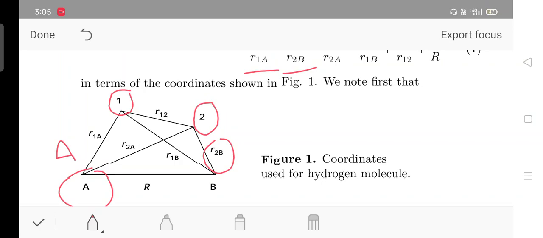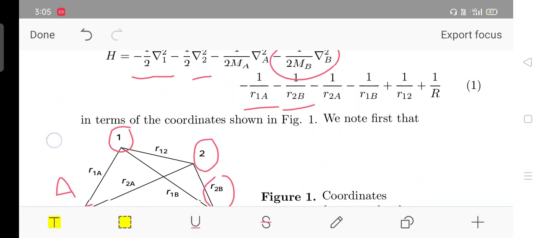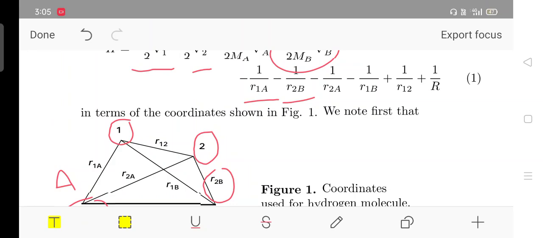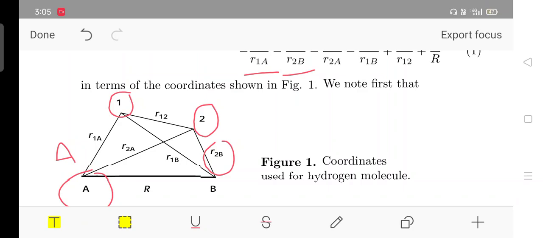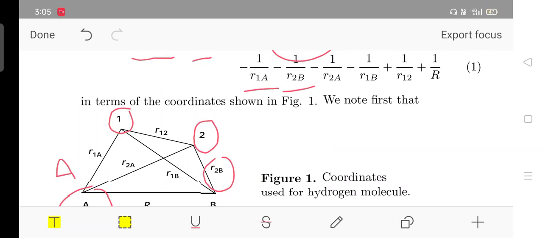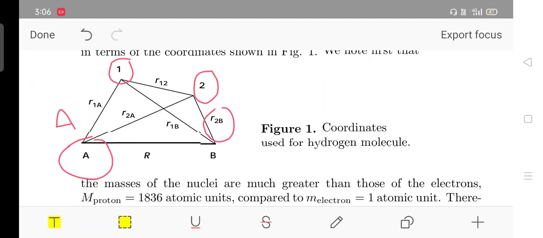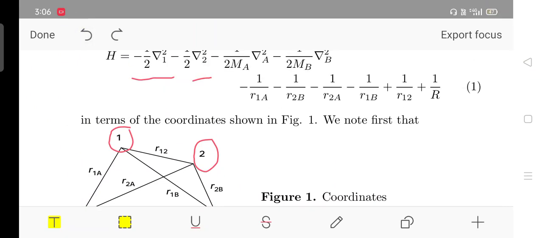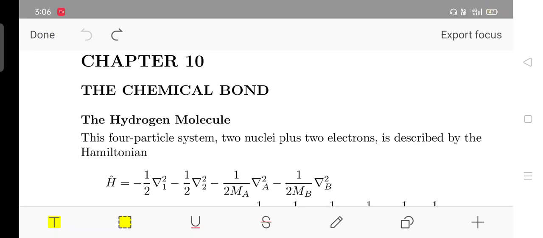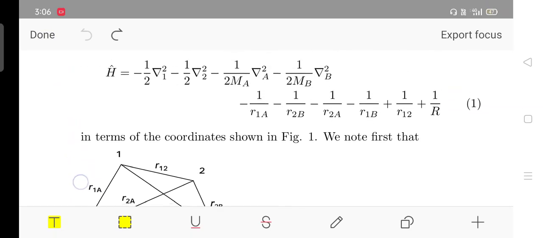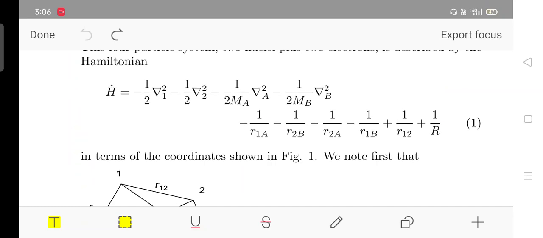Then there are two repulsion terms, one between the electrons and one between the nuclei. For the repulsive terms the potential will be positive: plus 1 by R12 plus 1 by R. So we have written the Hamiltonian for the hydrogen molecule.